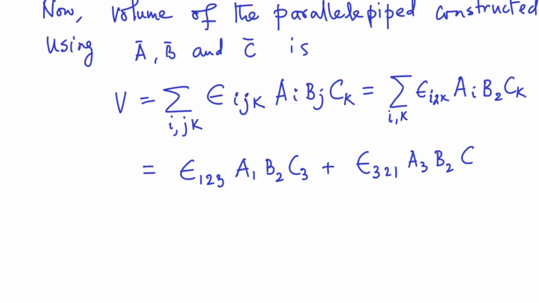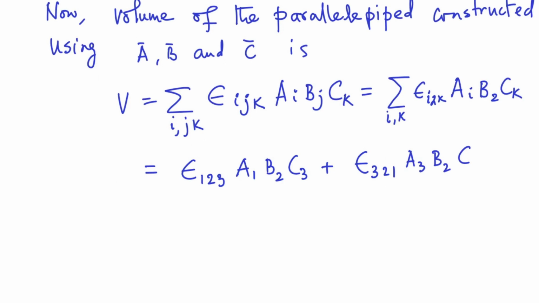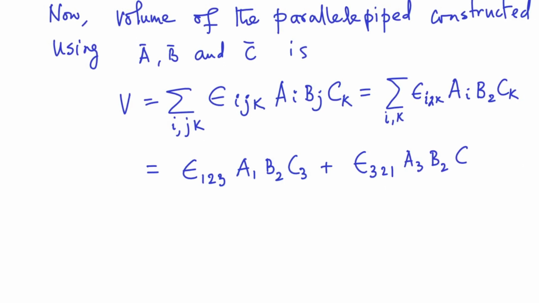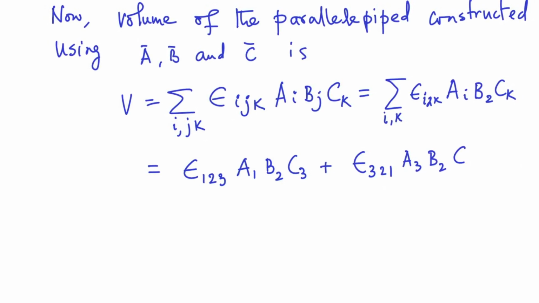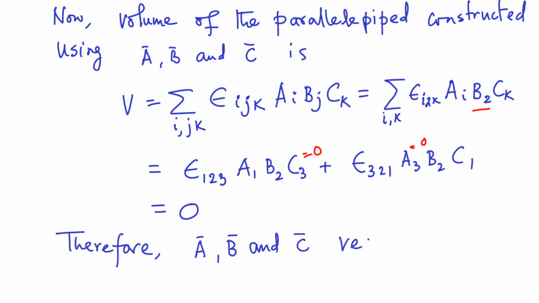So in other words, I can have only non-zero terms from possibly epsilon 123 times a1 b2 c3 plus epsilon 321 times a3 b2 c1. But if you look carefully, c3 is 0 as well as a3 is 0. In other words, the volume is 0. In other words, these three vectors are coplanar.